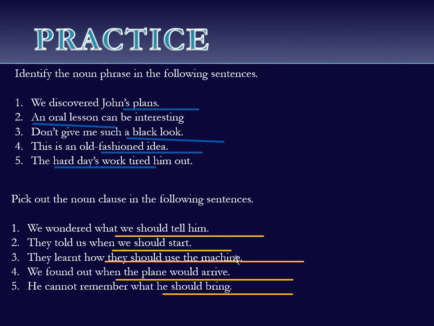How they should use the machine is the clause. Number 4. We found out when the plane would arrive. Here, when the plane would arrive is the clause. Number 5. He cannot remember what he should bring. What he should bring is the clause.